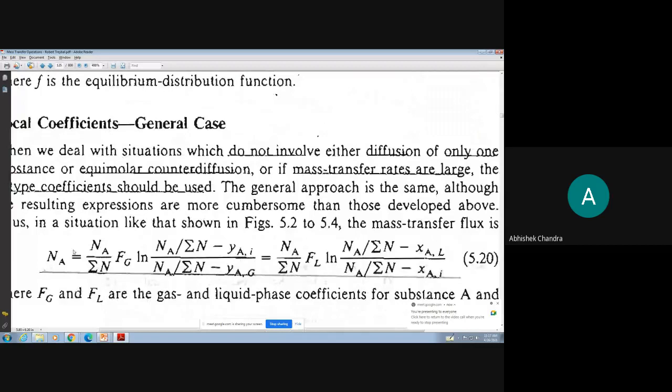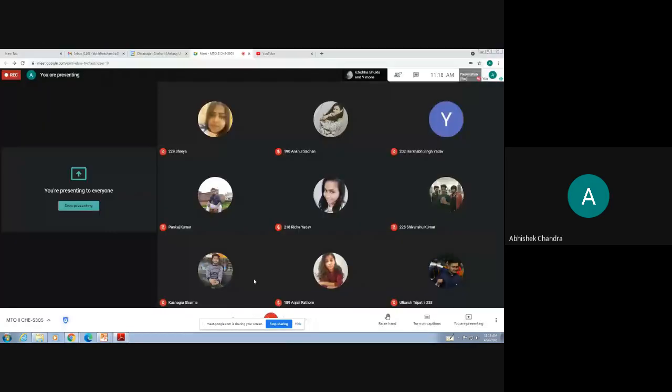NA equals NA upon summation N, Fg, ln of NA upon summation N minus Yai, upon NA upon summation N minus Yag. This relationship is for the gas phase, and similarly for the liquid phase. Here we discuss the gas phase. Summation N is NA plus NB, and NB is 0, so this value is 1. So NA is simply Fg ln of 1 minus Yai upon 1 minus Yag, which is written here.